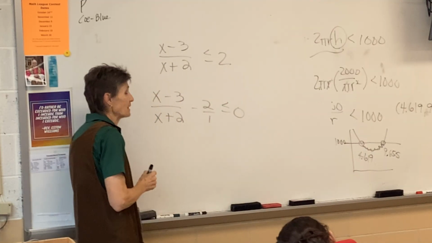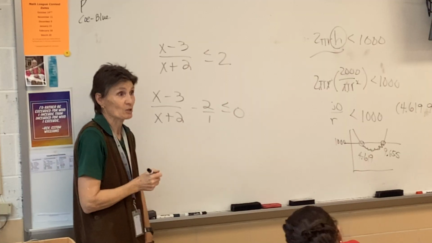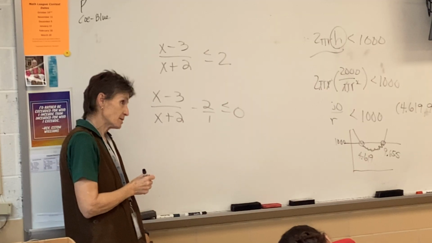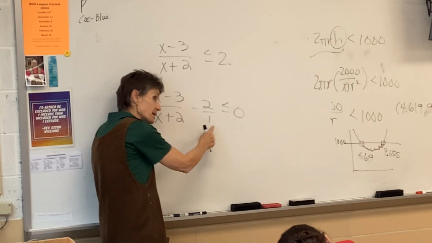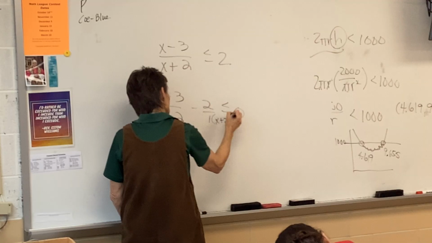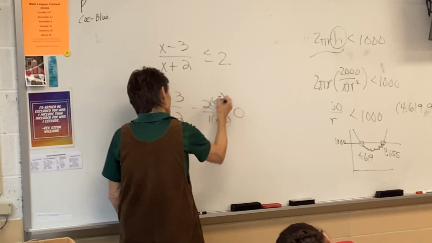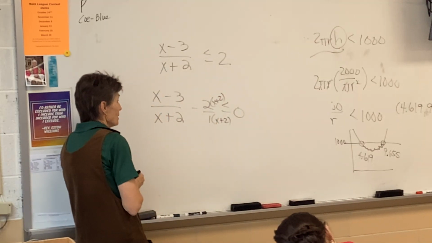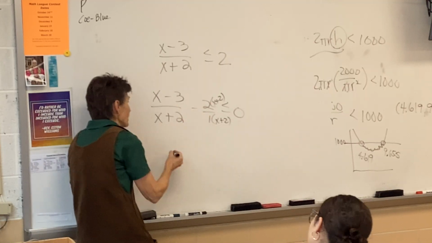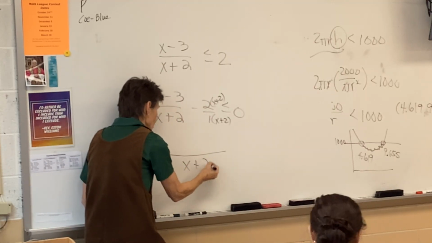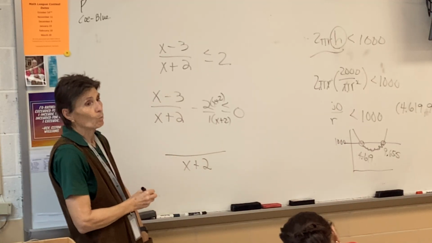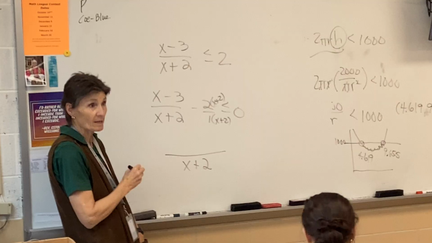And remember that that 2 is a fraction. And since it's a fraction, I need to have a common denominator. So now the 2 fractions will become 1 fraction. And the denominator of the 1 fraction will be x plus 2.